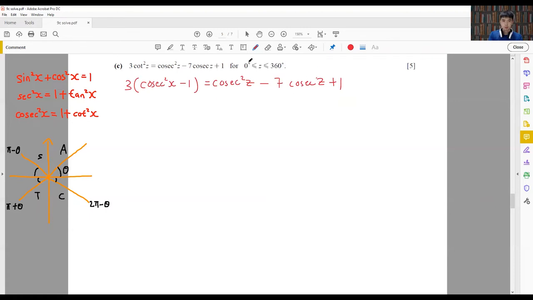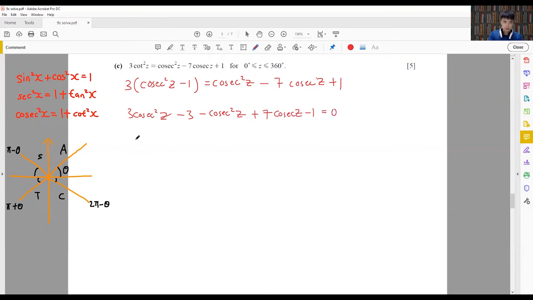Expand the bracket and bring everything over: 3 cosecant square z minus 3 minus cosecant square z plus 7 cosecant z minus 1, and this is supposed to equal 0.